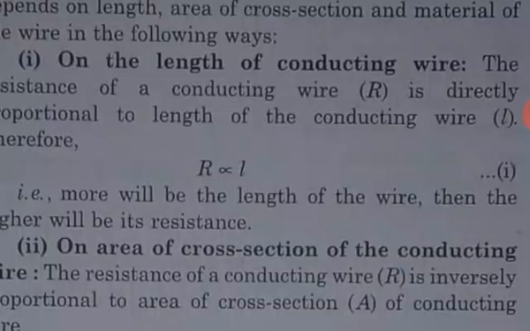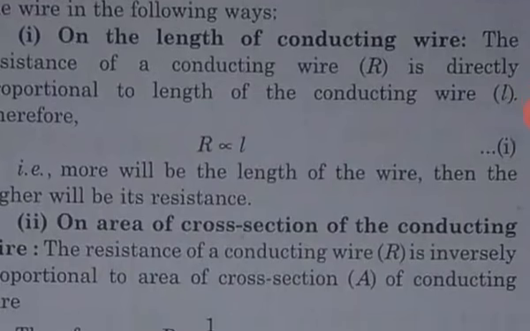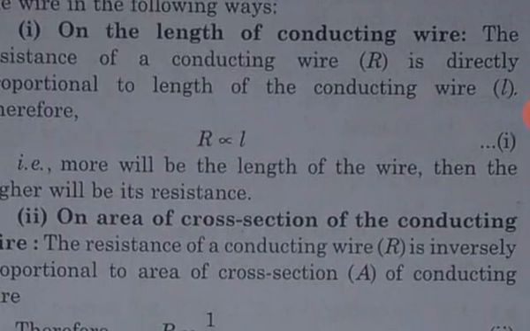Thus, the nature of the material also decides the resistance. So the first is the length of the conducting wire.